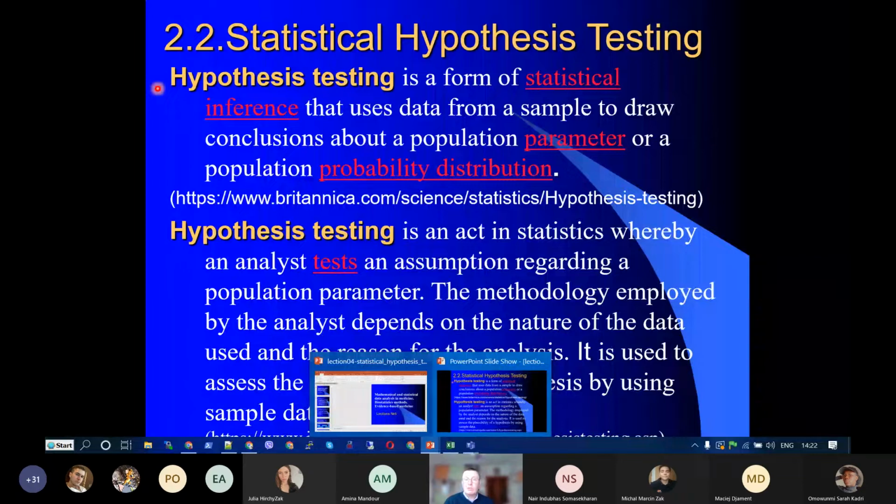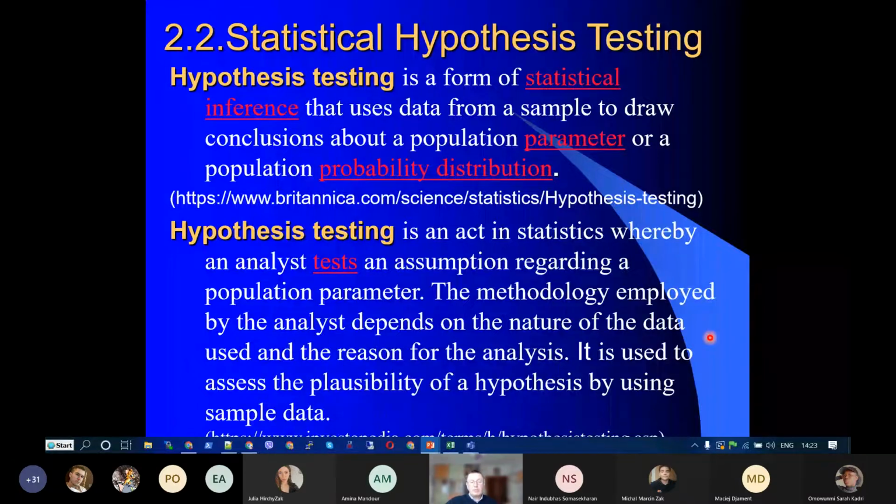If it's a laboratory experiment, it's for sure with animals. And we have to ensure that the conclusion we make for this group or sample will be exactly the same for the population.